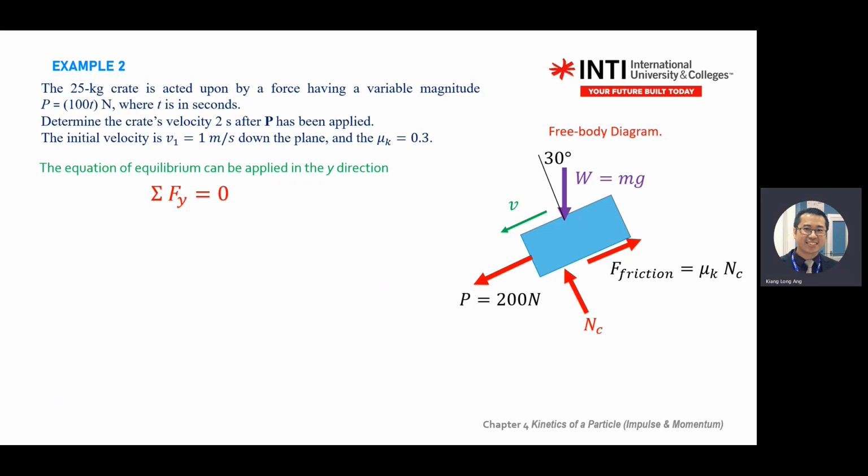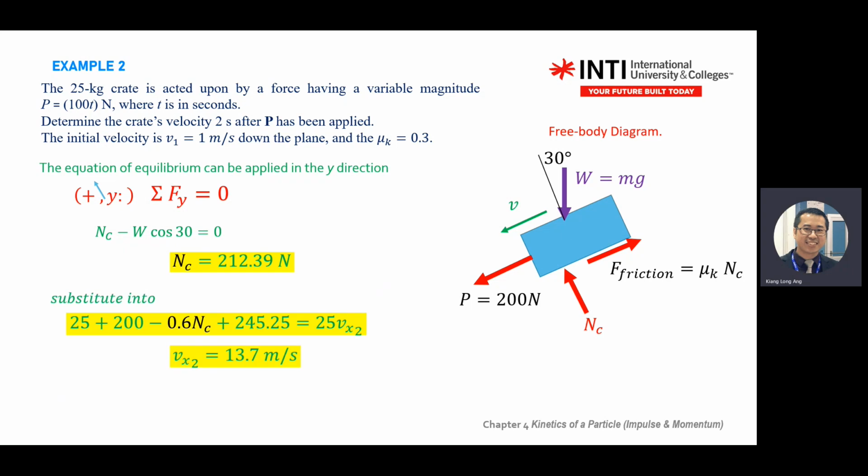It's not the static situation. Static, you are looking at force only. Dynamic, you look at MA. You can use the previous equation in Y direction, but in this one, I use chapter 2 for a faster solution. So I get my NC, substitute back to the previous solution, I get my V2.